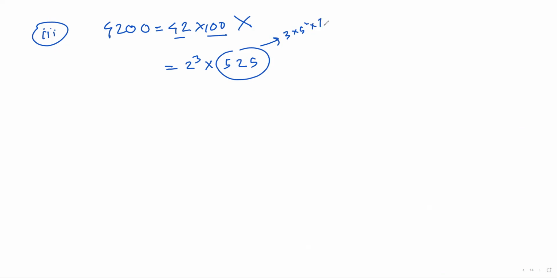If I have not made a mistake actually, I think I'm correct. If I'm not, please consider the idea only and not the numerical values. So basically 2 cube and 525 are co-prime to each other. I made sure by just, you can see that 4200 was written in this form, right? 2 cube times 3 times 5 square times 7.